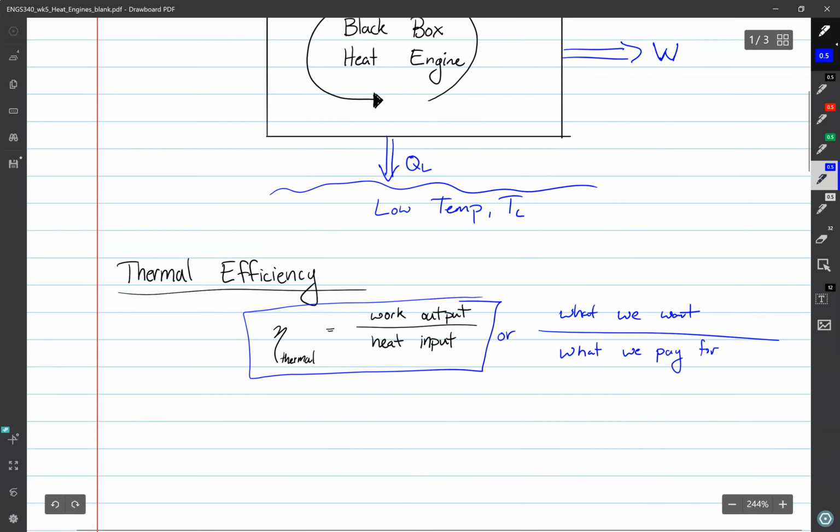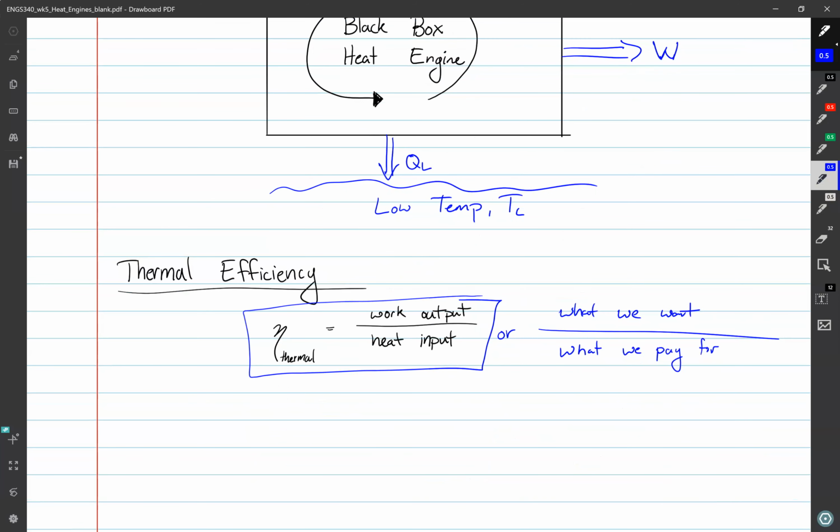So when we're looking at thermal efficiency, we're talking about the work output over the total heat input. Just a key note is this is not isentropic efficiency. That would be like a single device.